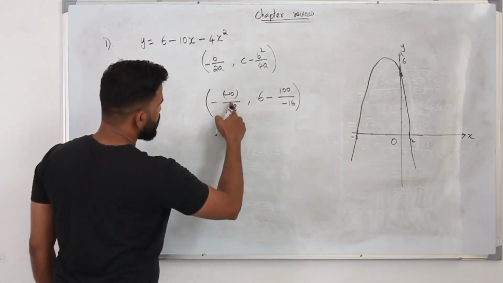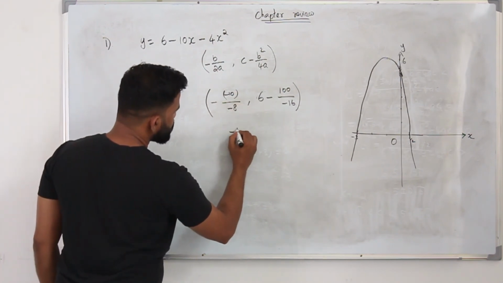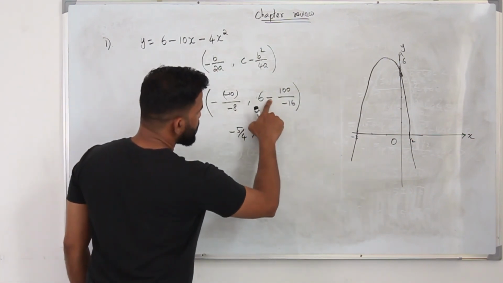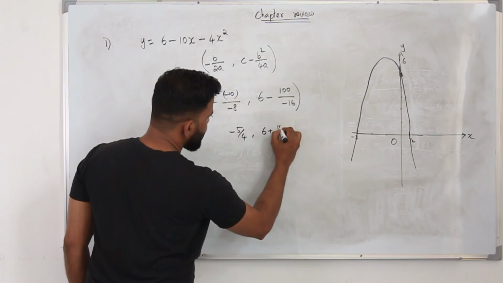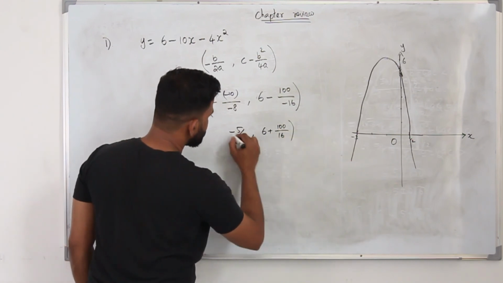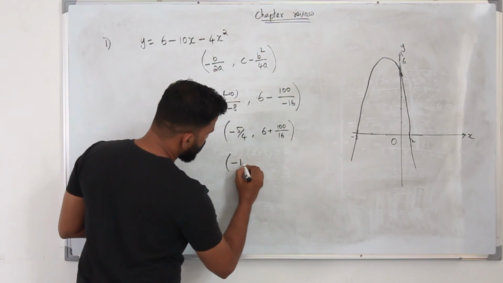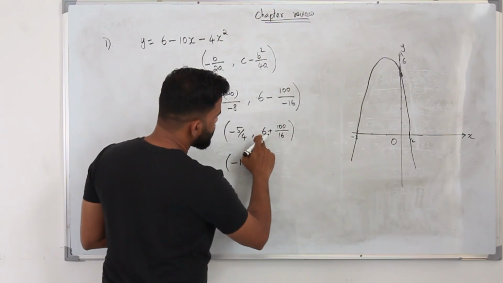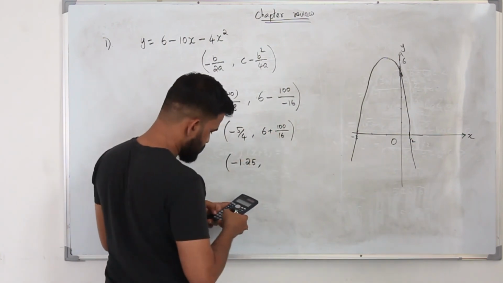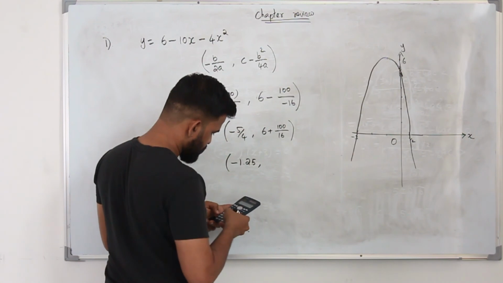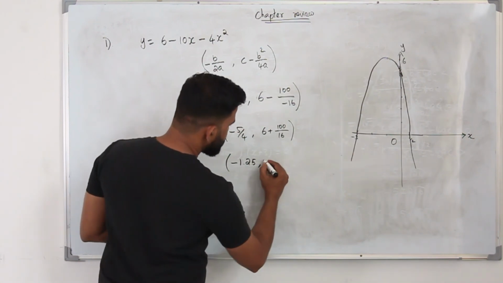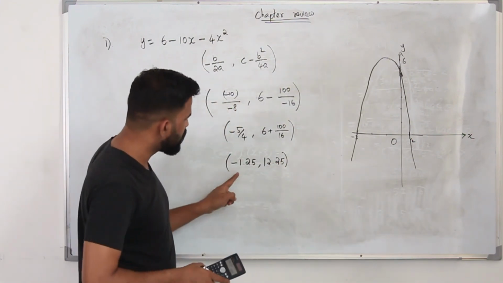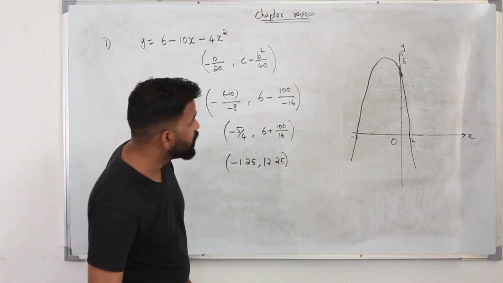So your minus will be cancelled. 10 upon 8 is 5 upon 4, so minus 5 upon 4, comma, here it will become plus 6 plus 100 upon 16. So this will be minus 1.25, comma, 6 plus 6.25 is 12.25. This is going to be your maximum point, the turning point.